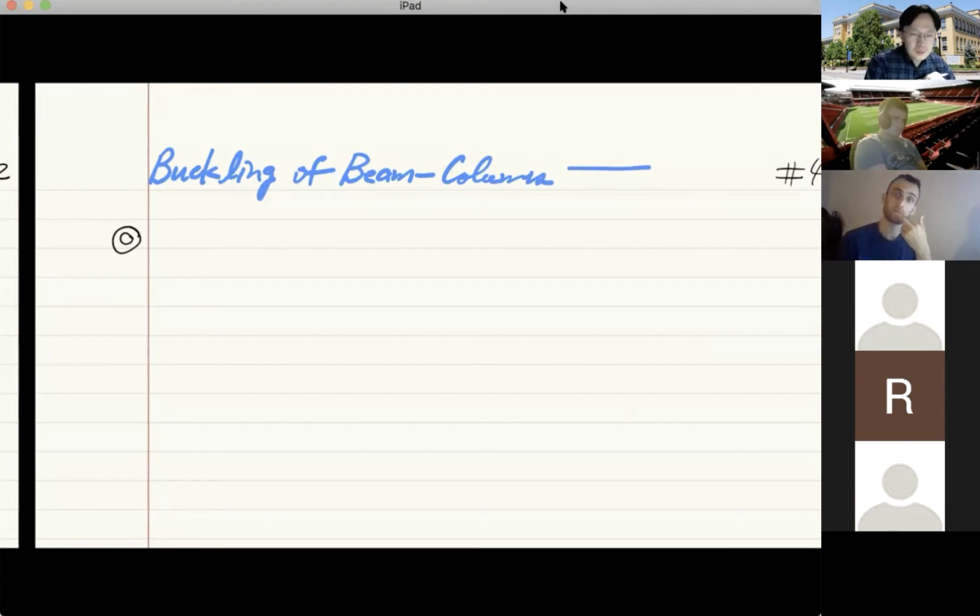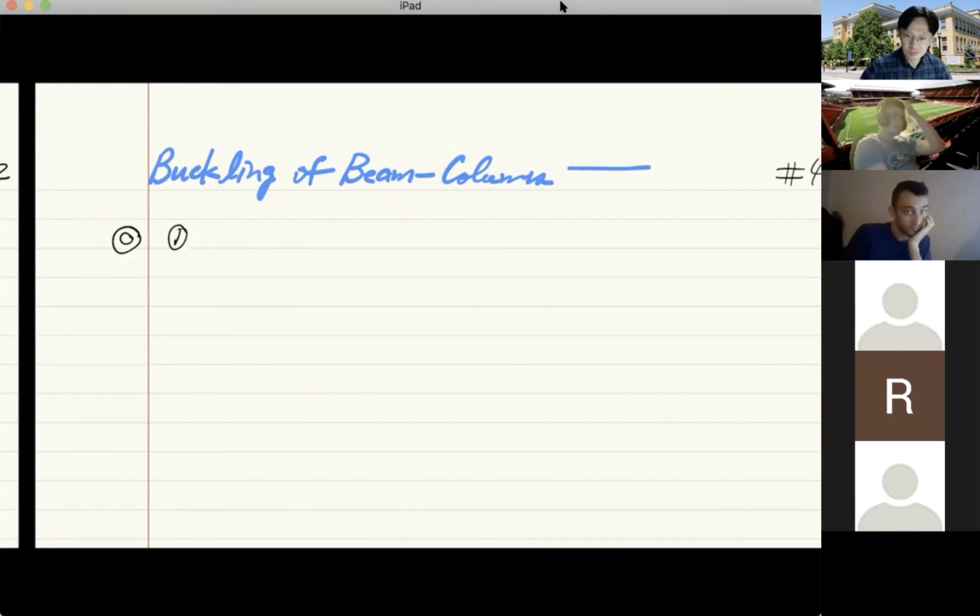What is the procedure that we've been adopting in evaluating problems in structural stability? What is the procedure? Free body diagram. You develop what we call a kinematically admissible deformation profile. So that's the first one.